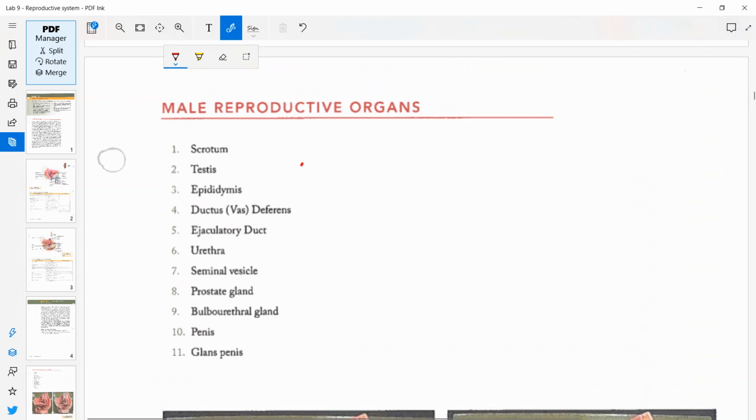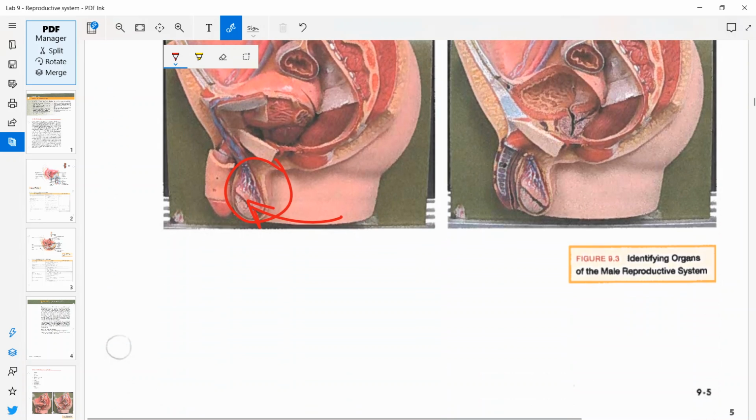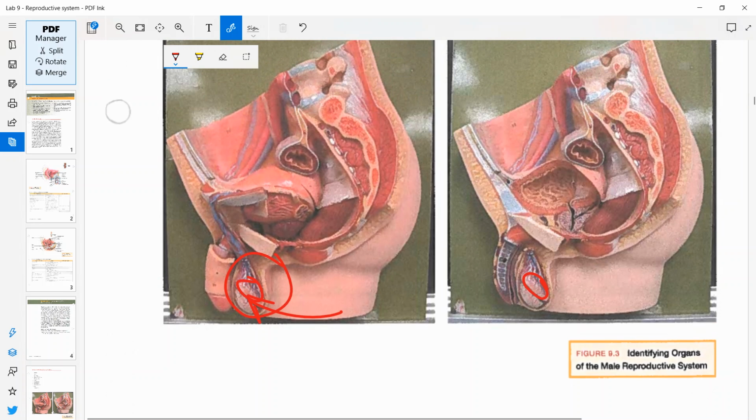Next we have epididymis and vas deferens. So this structure right here is epididymis, and vas deferens will be this long and convoluted tube that eventually delivers the sperm into the ejaculatory duct.